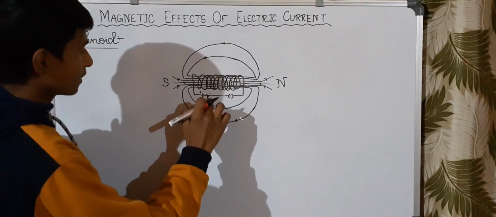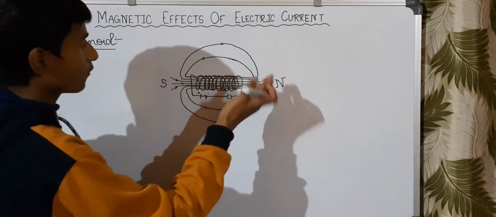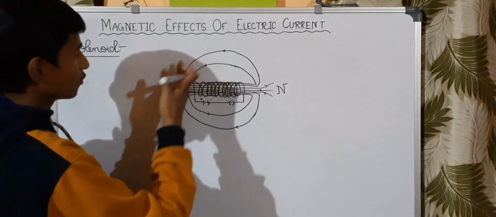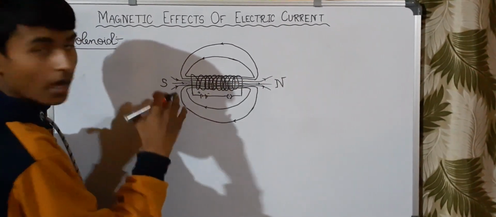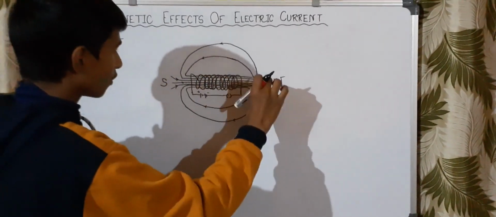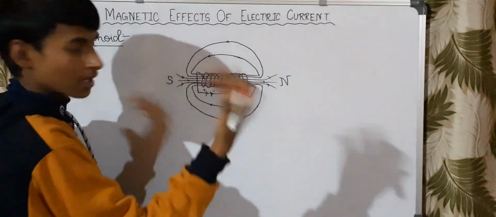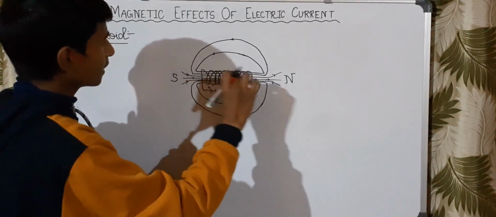And because of the electric current, a magnetic field is produced whose direction, as we have got earlier, is from north to south outside the magnet, and inside the magnet it is south to north. And inside this solenoid, that means the artificial magnet, the magnetic field is uniform.